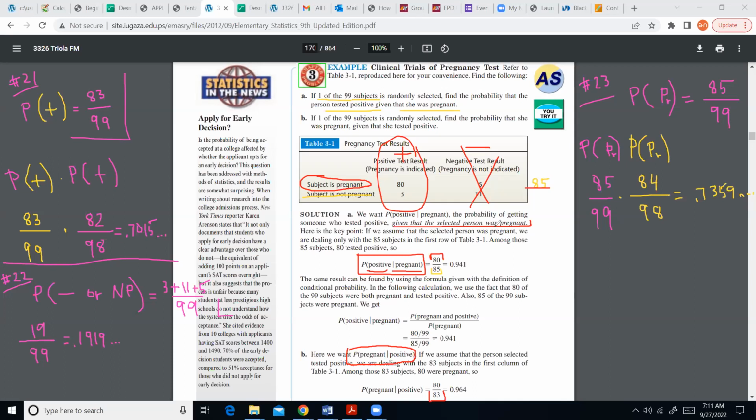And now among these 83 positive test results, we need to see how many are actually pregnant. And well, 80 are pregnant, so 80 out of 83 is right here. So the point of this whole story is that whatever is given, that's your sample size.